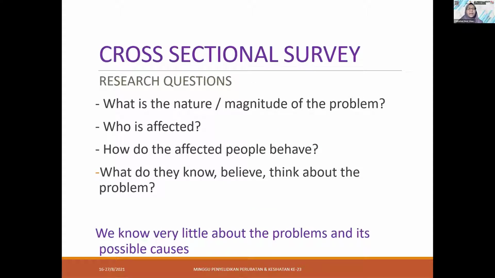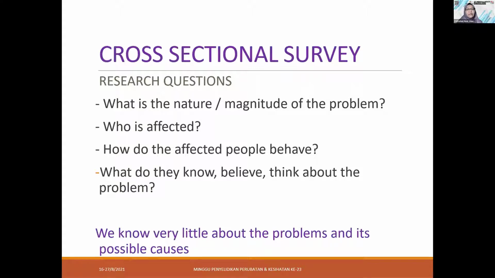And what is the research question in the cross-sectional study, survey or research? We ask what is the nature or magnitude of the problem, who is affected, how do the affected people behave, what do they know, believe, think about the problem.